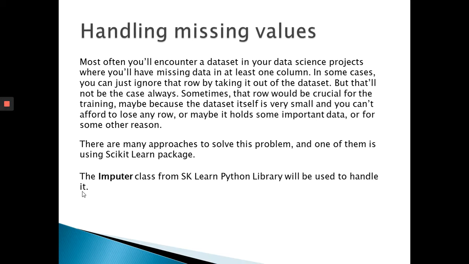Sometimes that row would be crucial for the training, maybe because the data set itself is very small and you cannot afford to lose any row, or maybe it holds some important data, or for some other reason. Then there are many approaches to solve this problem, and one of them is by using the scikit-learn package. There is an imputer class in the scikit-learn library that is used to handle these missing values.